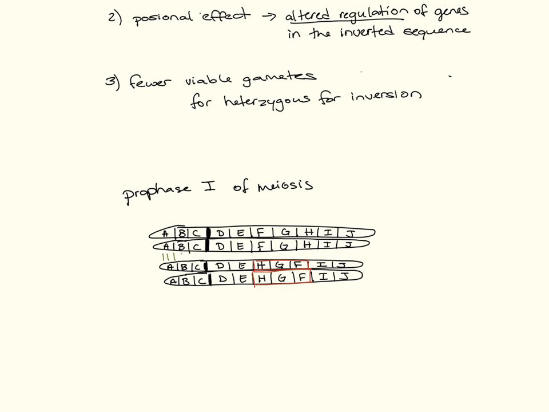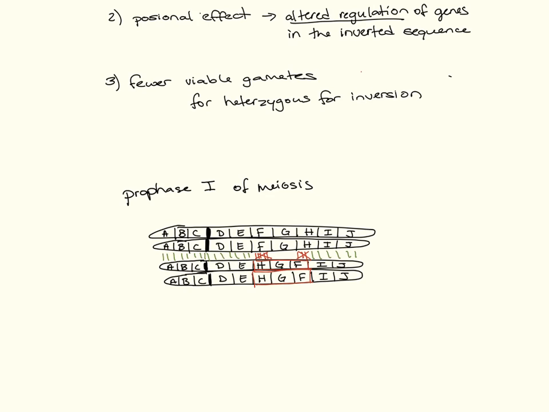So the centromeres can pair up, and all along these regions, there would be no problem. But when we get here, H and F, these two segments are not going to be homologous, and they won't be able to pair up. And then same thing over here.